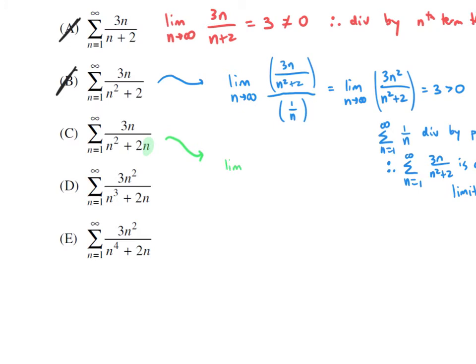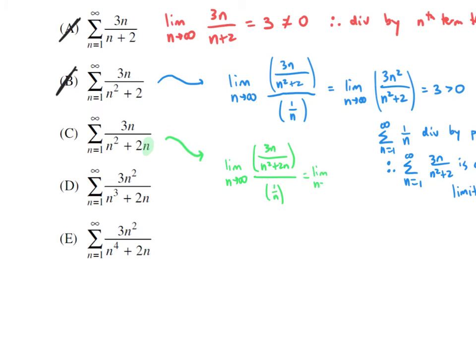Well, we could go through the whole conversation I had with you about letter B, test number 1, test number 2, test number 3, and so on. We really get down to the limit comparison again. And in this case, we would end up dividing probably by the same thing, because what we care about is the degree of the numerator and denominator.